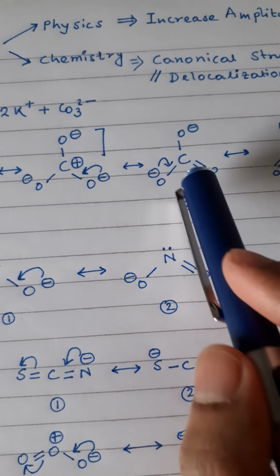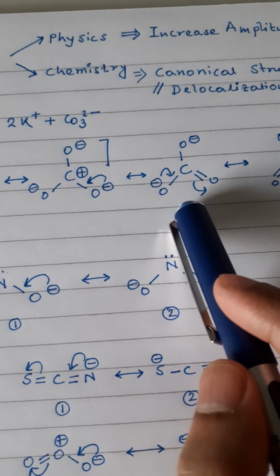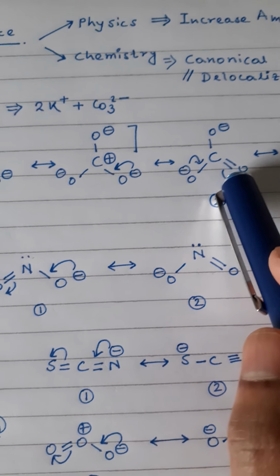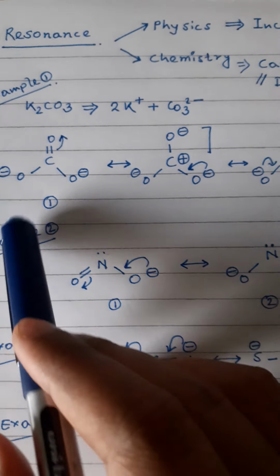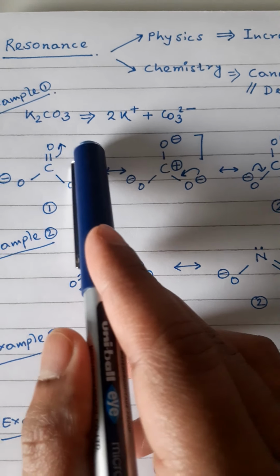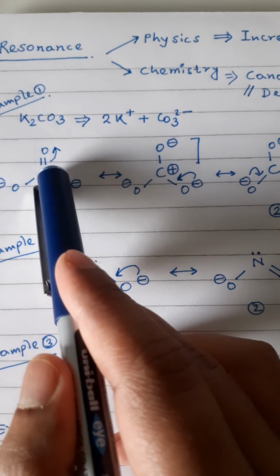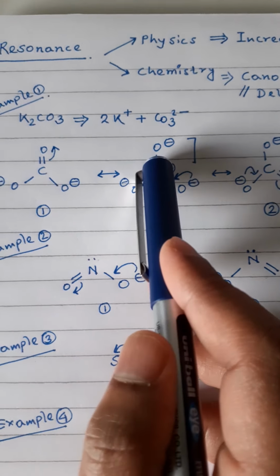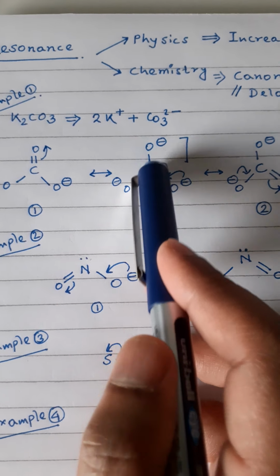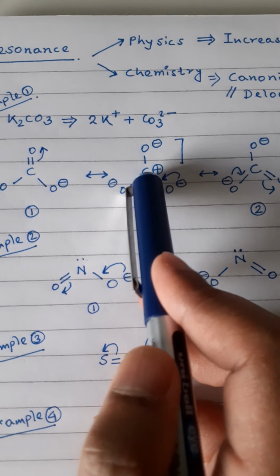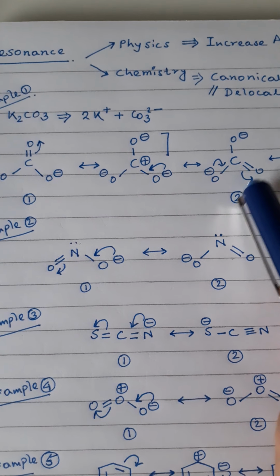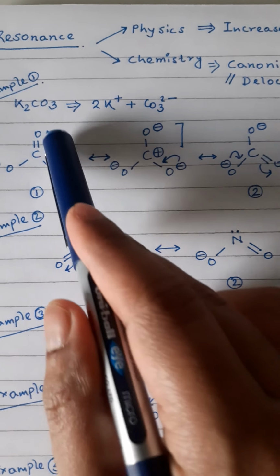Now in the second structure, what you will get in your book is written this way. If you can see from here, this oxygen gives the negative charge, carbon becomes positive, and then this oxygen pulls all the electrons from the carbon center. So what will be the next structure? Like this, there will be the double bond.